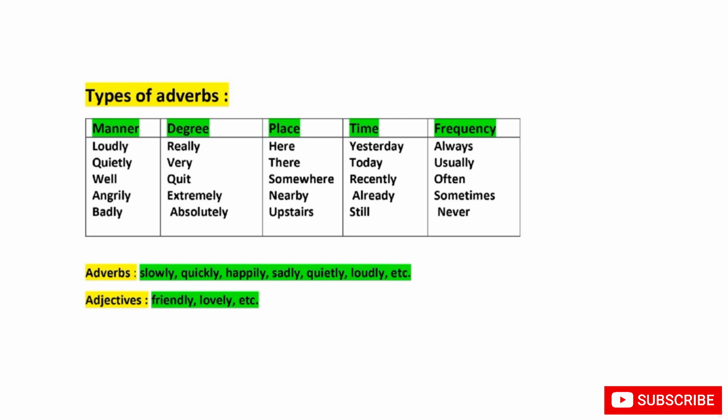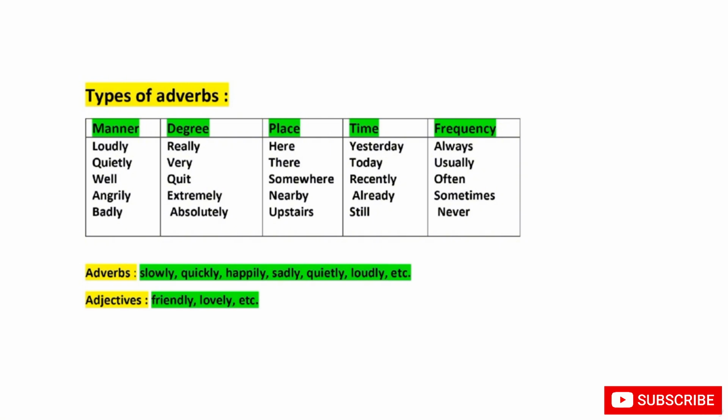Also, there are many adjectives that have this ending. Words like friendly, like she's a friendly person, or lovely, what a lovely bouquet, that's a bunch of flowers. These are adjectives and not adverbs. So remember, many adverbs don't end with ly, and some words that end with ly can be adjectives.